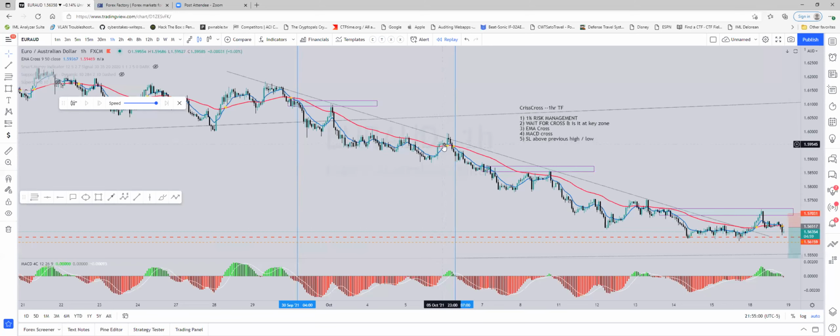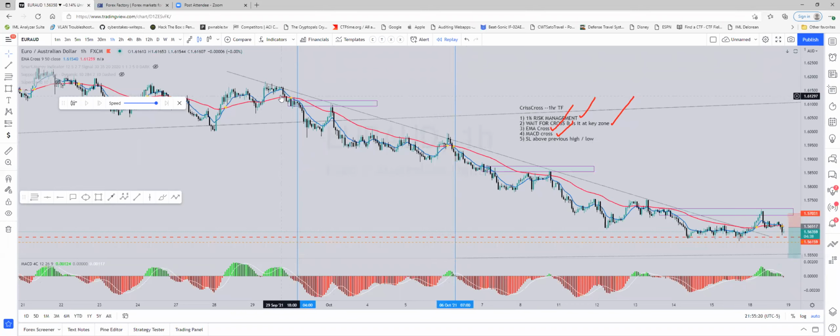Blue crossed over the red. Now the red's back on top, which means it's selling. The blue on top means it's buying. So this CrissCross happened. Also, you're waiting for the signal to cross back over the 0 line, back into a sell.